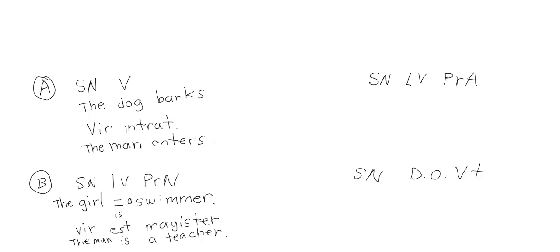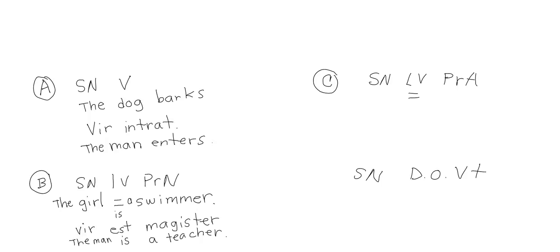All right, so then we have pattern C. Pattern C is just like pattern B. It has a subject noun. It has an equal sign linking verb. But instead of a predicate nominative, instead of another noun, this noun equals an adjective. This is going to describe our noun.